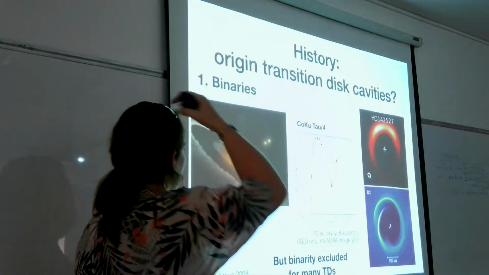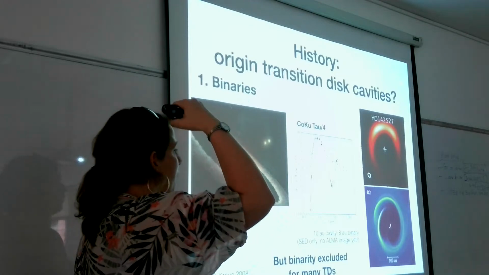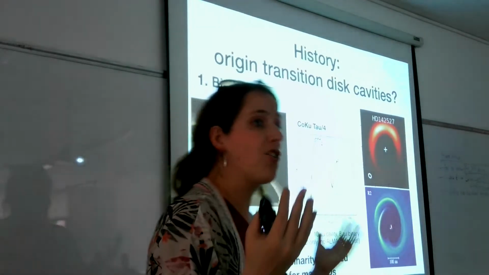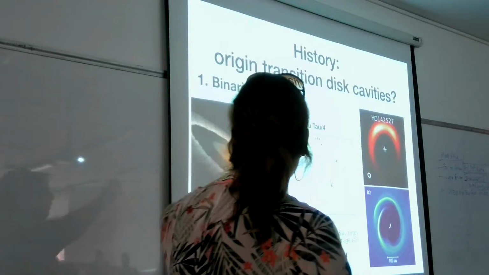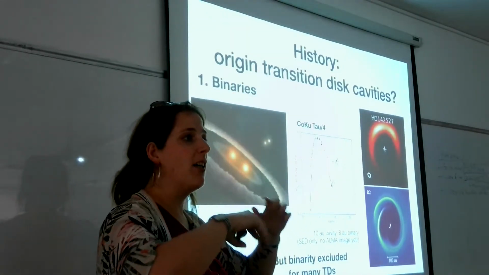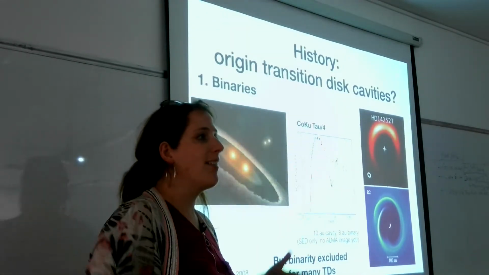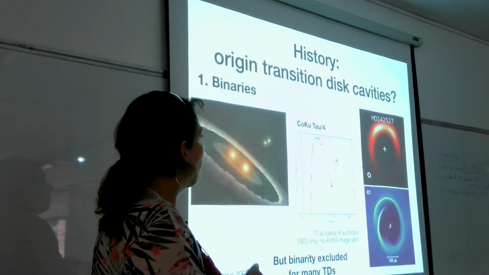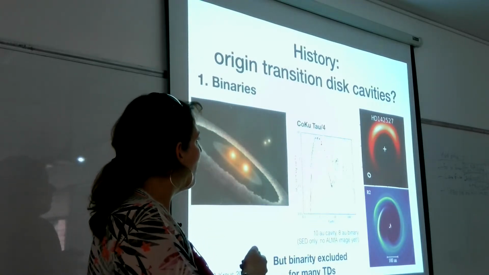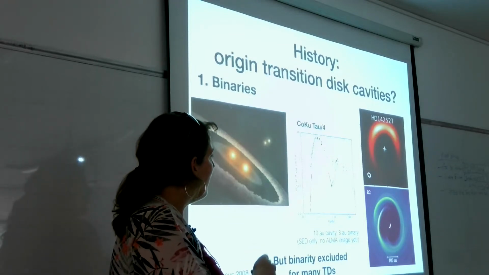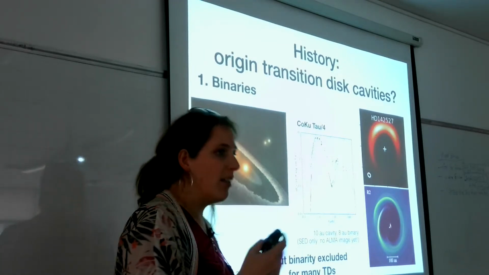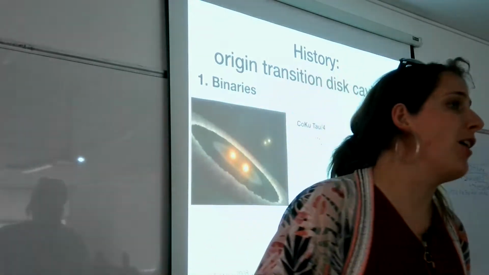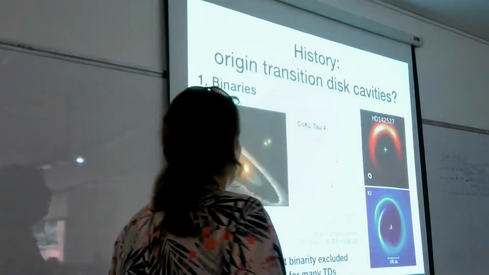Well, first of all, there was the idea of a binary, or actually a circumbinary disk. Obviously, if you have two stars orbiting each other, they will truncate the disk from the inside. And it actually turned out that one of the early transition disks that was found, called Tau 4, whose SED is this, you can see over here, had a binary companion found in 2008.